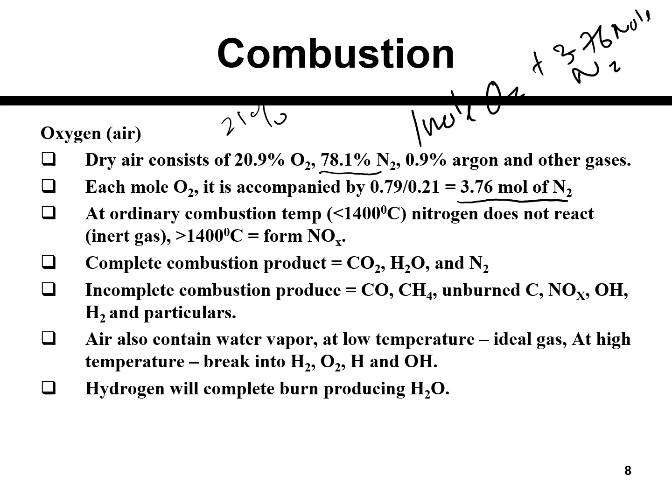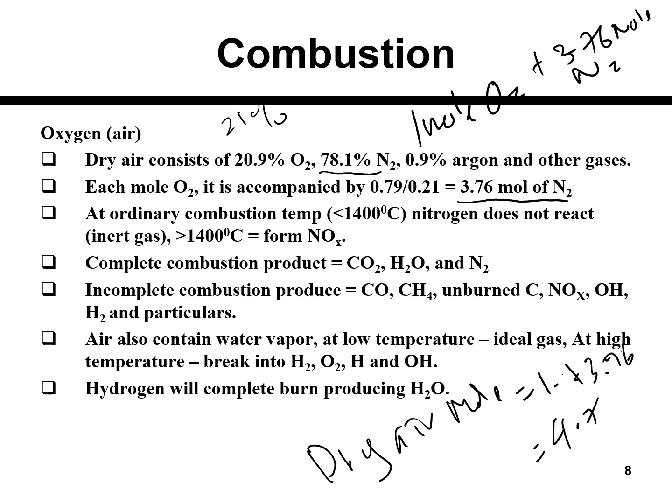For dry air, that is 1 plus 3.76, which is equal to 4.76 moles. The argon can be neglected, or if you want to be more precise, you can calculate for the argon.